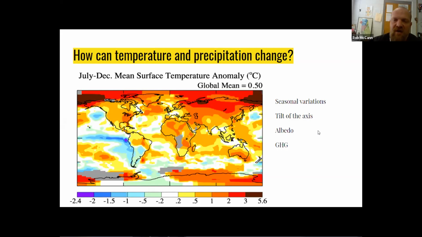Without it, let's do a poll, Lou, if you would. Without the greenhouse effect, would you say A, Earth would be colder, or B, Earth would be warmer? What would happen to Earth's temperature?